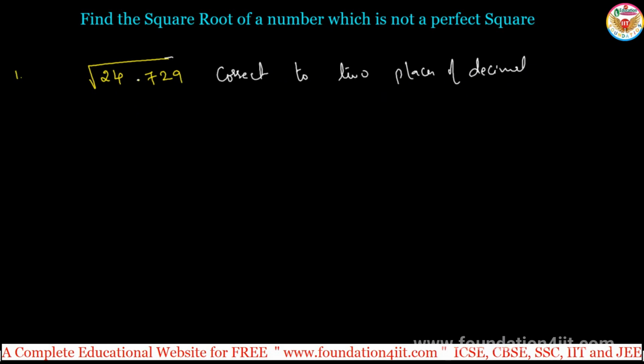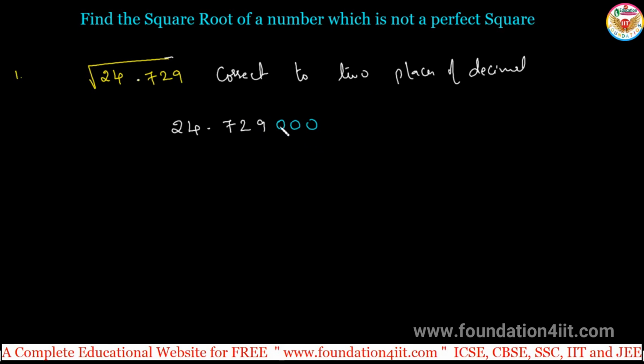So we need to arrange the question like this, in the division method. The given question is 24.729. Whenever the required answer is to 2 places of decimals, we have to find the 3 decimal places first. Based on the third decimal, if it is 5 or more, we will add to the previous number, right? That means if you want 3 places of decimals, we need to take 6 digits after the point, but only 3 are there, so you can adjust the others with zeros.